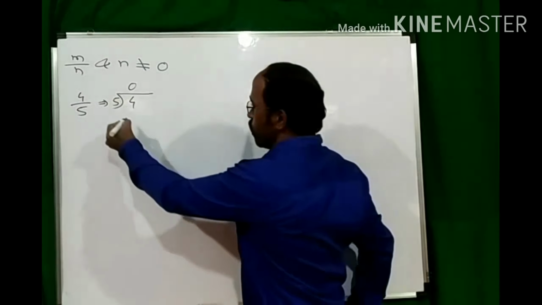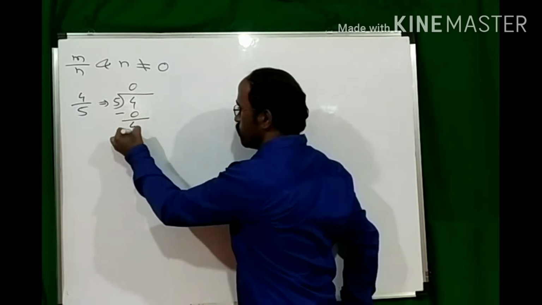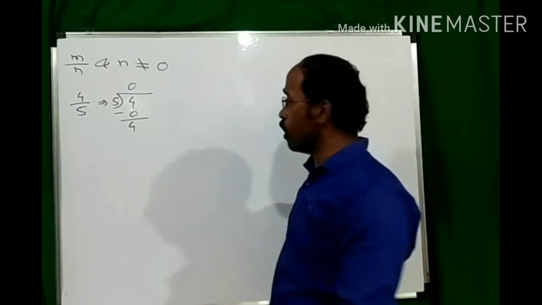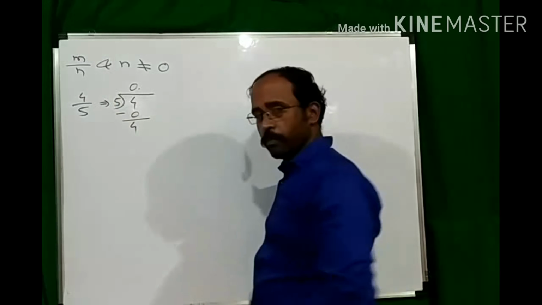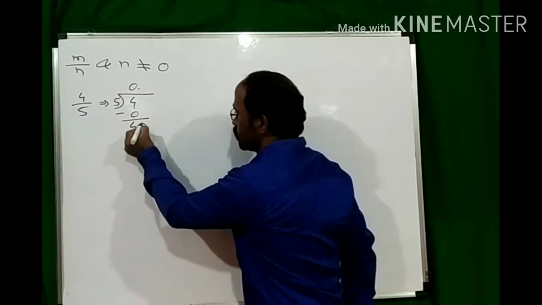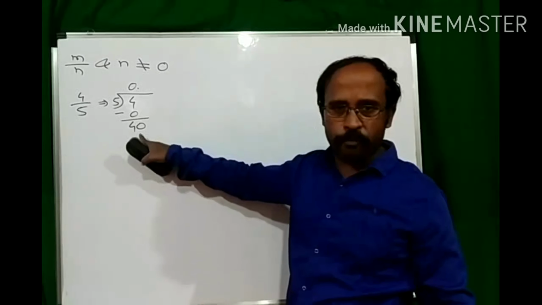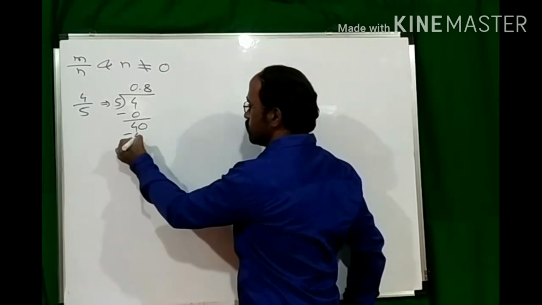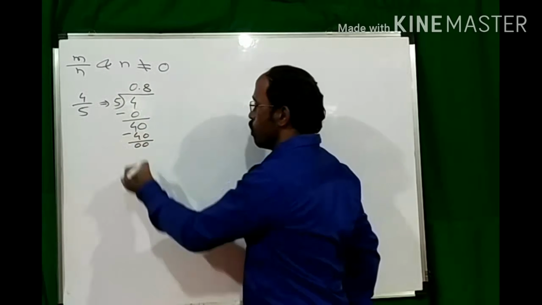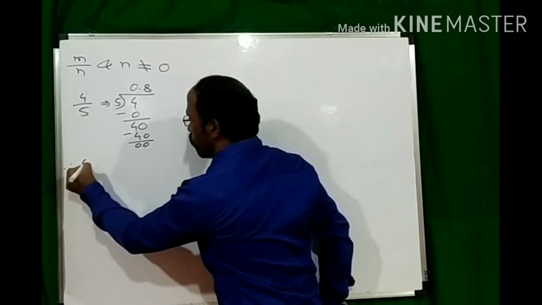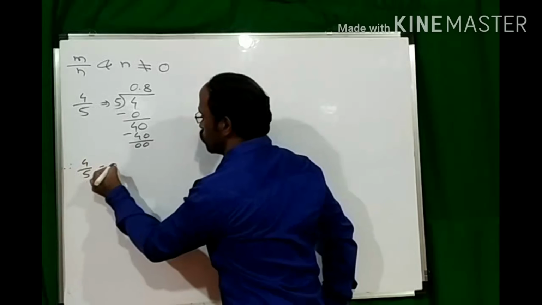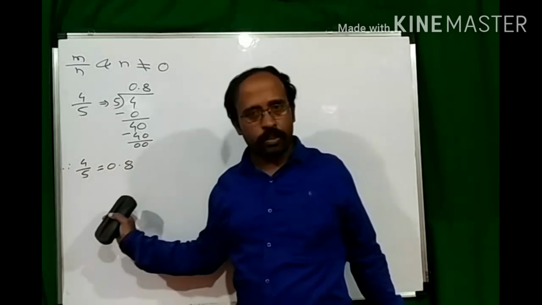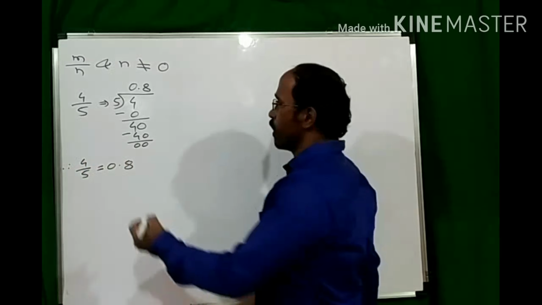Quotient is 0, so we subtract 0. 4 minus 0 is 4. The number is finished, so we will give a decimal point and append a 0 after this. Remainder 40. 5 eights are 40. Therefore 4 upon 5 is equal to 0.8. Got it students? Let us see one more example.